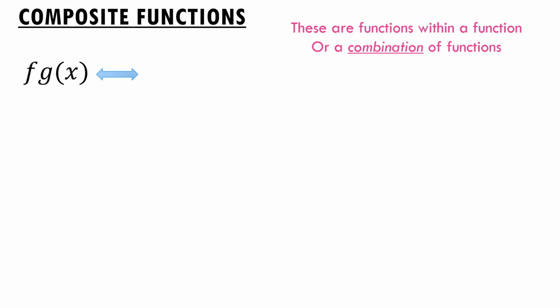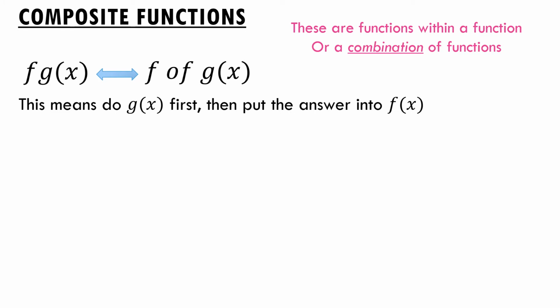What I'm doing here is combining my f and my g function together, and I would say that as f of g x. I'm taking my g of x function and putting that into the f function. A way I remember doing this is to look at what's inside first. The g of x is on the right hand side of the f, which means that is the first function that then goes into the f function.